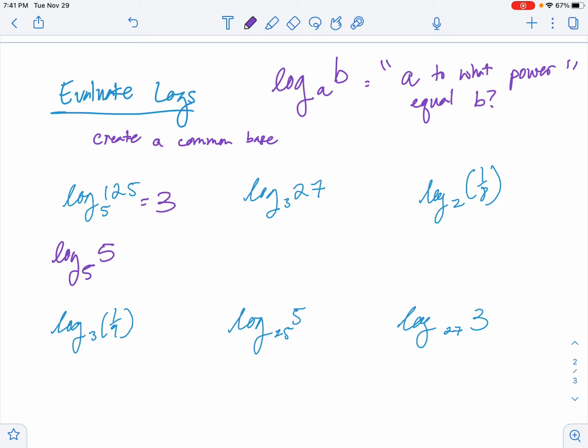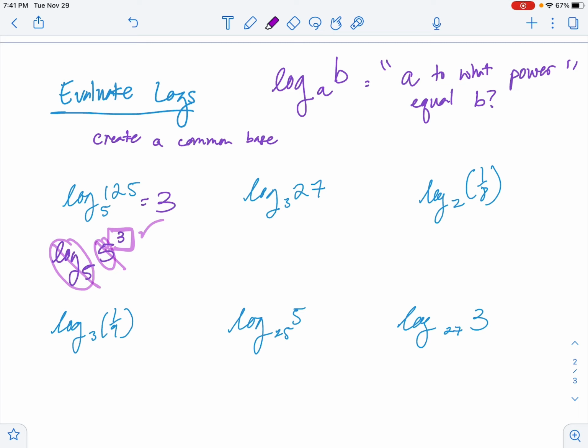You'll figure out on your calculator, hopefully, that it's 3. And just like before, the log and the 5 cancel out, and what you're left with is your answer, which is 3.